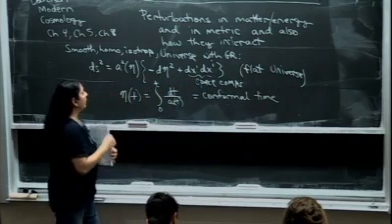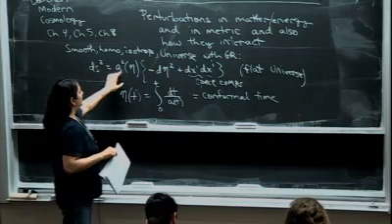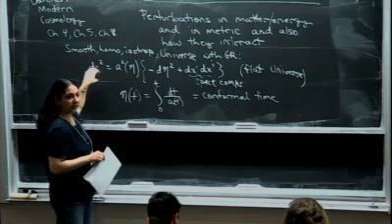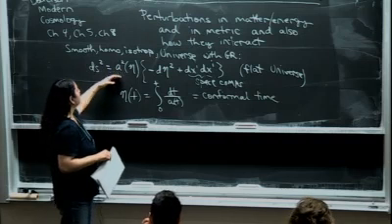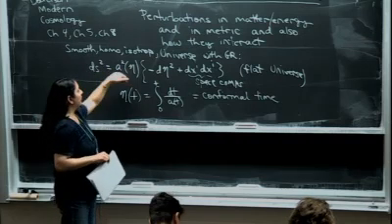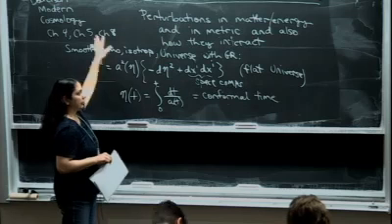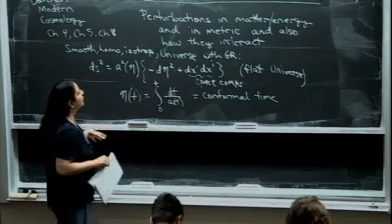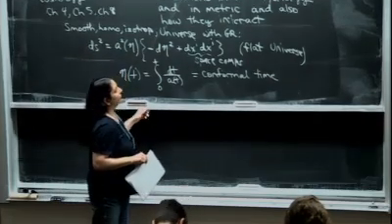The name comes about because when you have this definition, the a can come outside, and changing the metric by a factor of a is just a conformal transformation. So that's why that name comes about. Okay, so that's the flat universe.